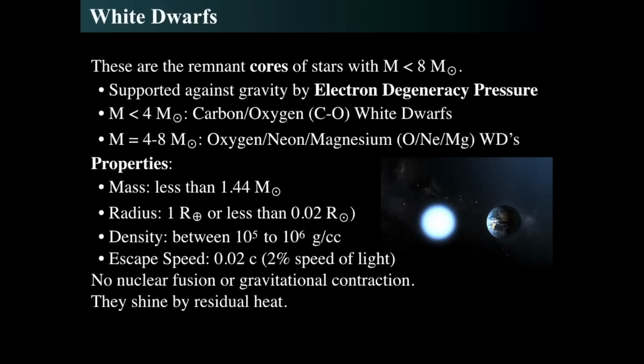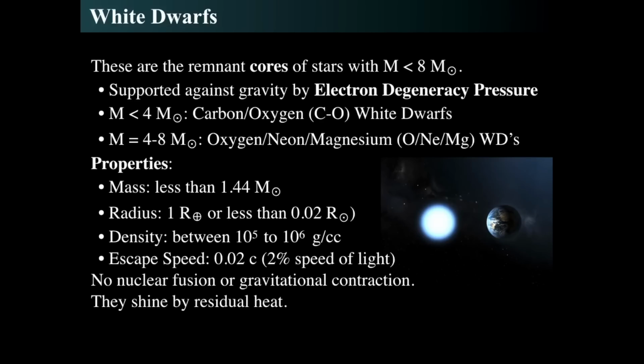The core itself is supported against gravity by electron degeneracy pressure, which we discussed in excruciating detail last time. If the star begins as less than 4 solar masses, then the end white dwarf is made of carbon and oxygen. But if it's between 4 and 8 solar masses as an initial star, then it becomes an oxygen, neon, magnesium white dwarf, which is much more dense and more massive.